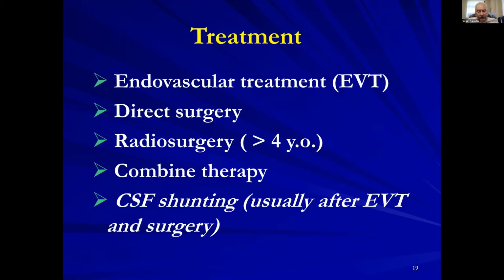The first-line treatment is endovascular embolization. Direct surgery was performed in 4% in the early period of our experience. Radiosurgery was used for patients older than 4 years, and combined therapy. The shunting operation is usually performed after endovascular embolization.